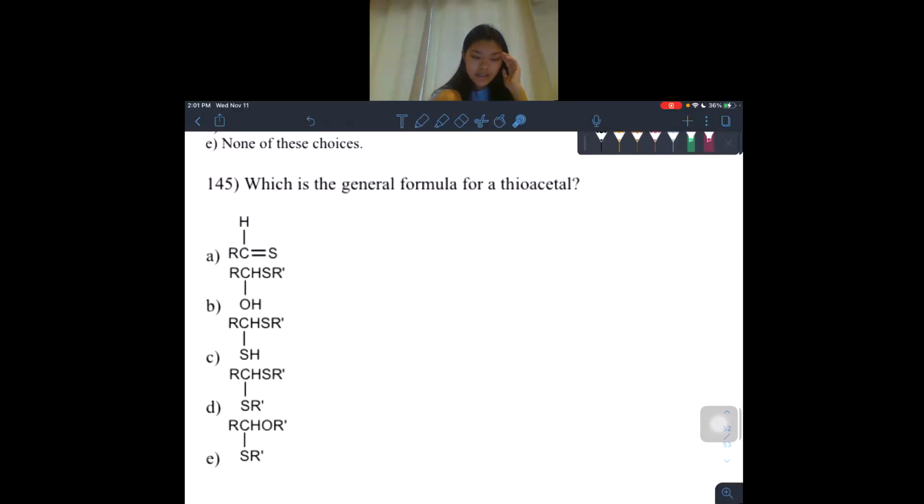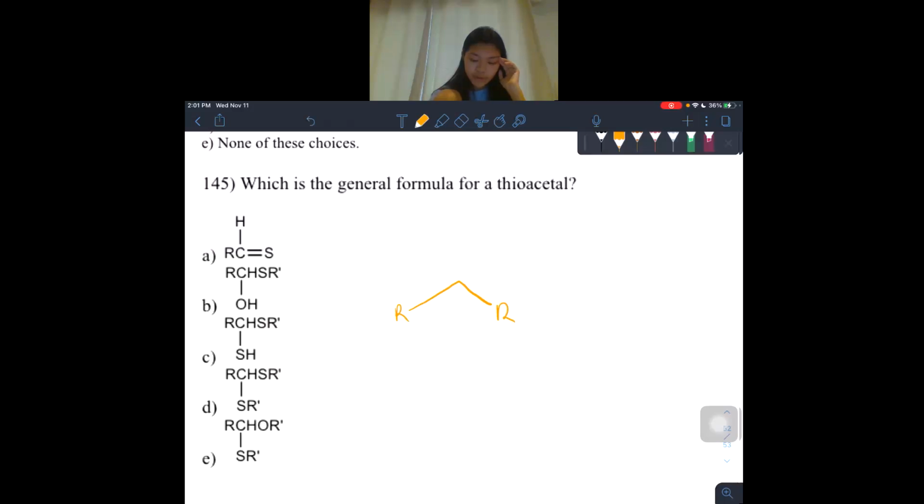So a thioacetal basically looks like this: an R group, and then it's going to have these 2 S groups on there. This is kind of what a thioacetal looks like. So the answer to this is D.